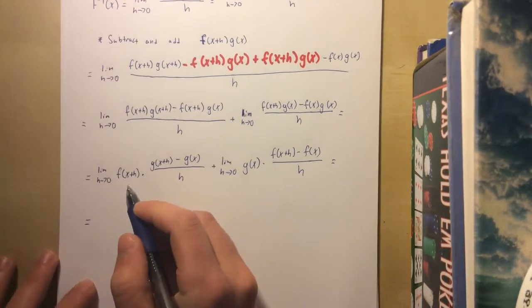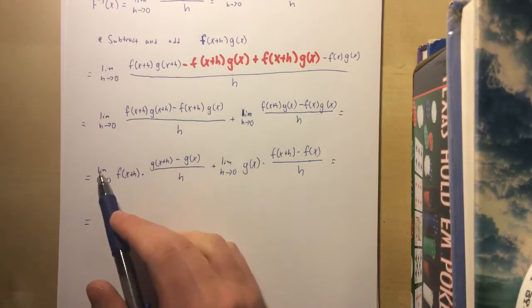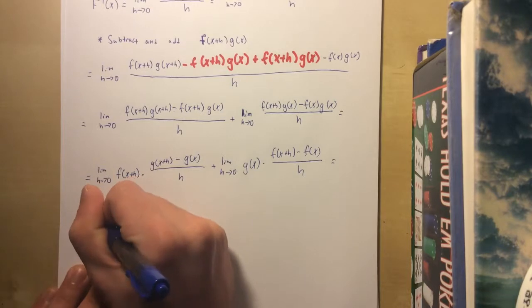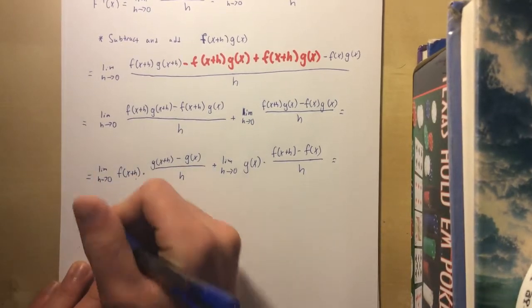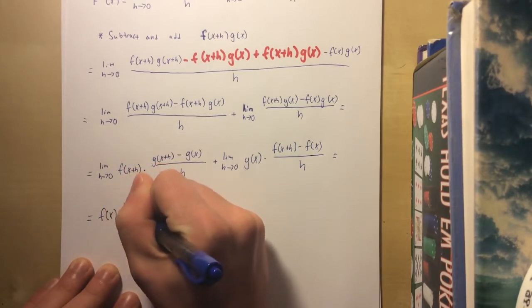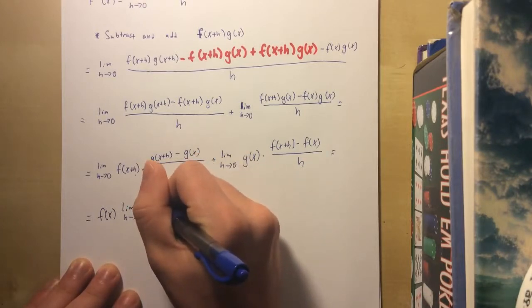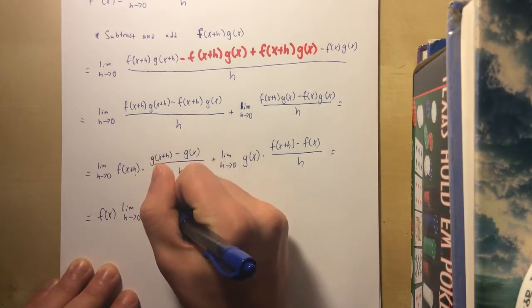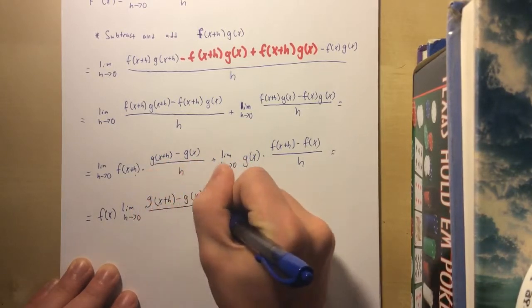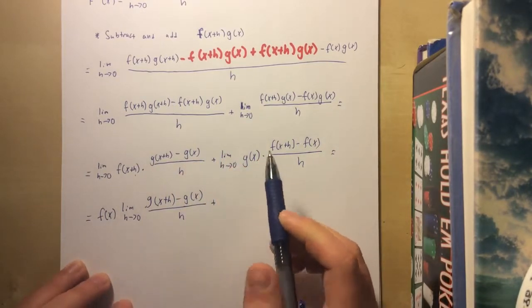And on this left term, I'm going to evaluate this limit just for this first f of x plus h term. If I set h to 0 on this f of x plus h, I'm left with an f of x. And then I still have the limit for the rest of g of x plus h minus g of x over h, plus, once again, g of x.